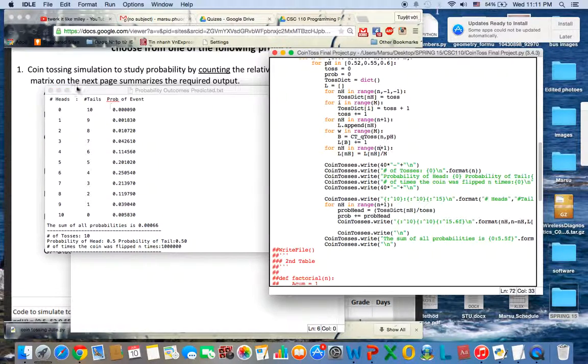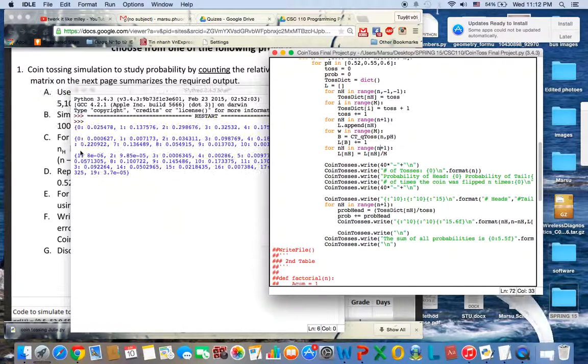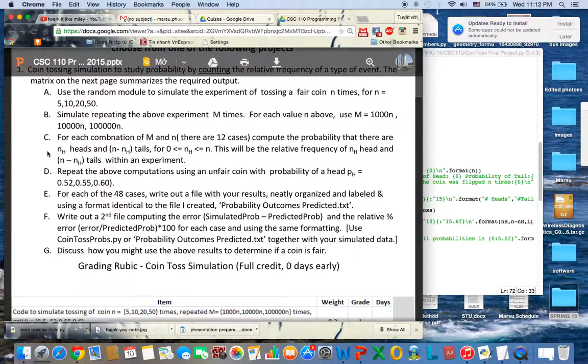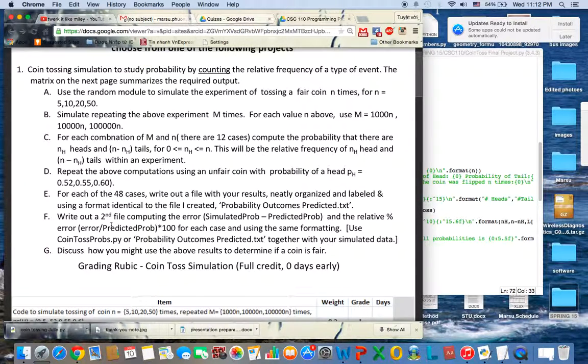Then the next one is to create the second file, the error and relative error.